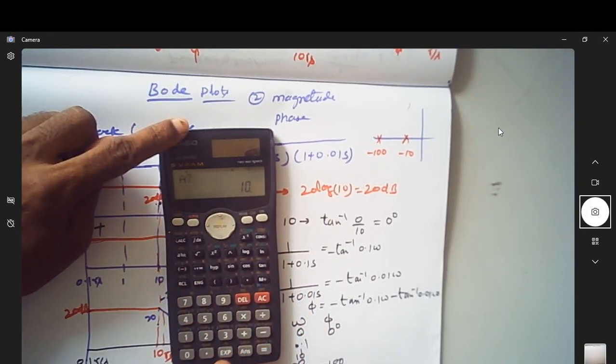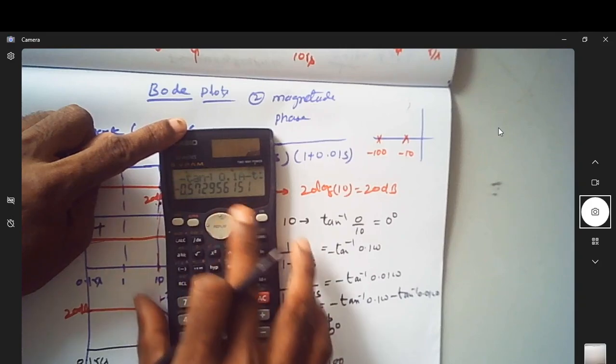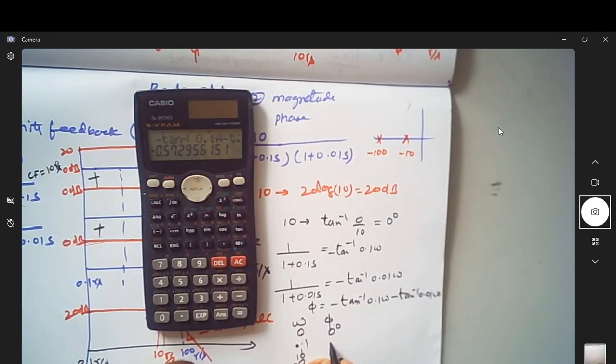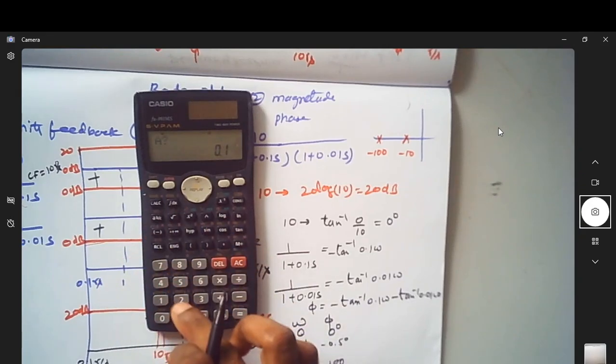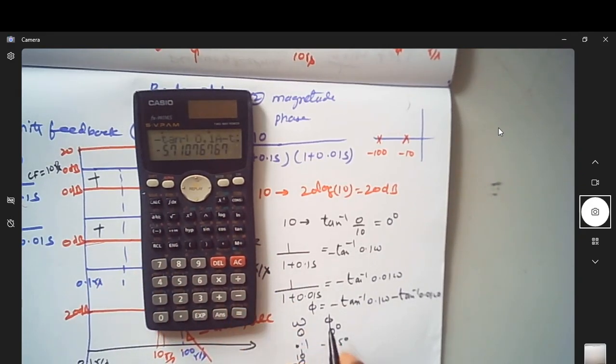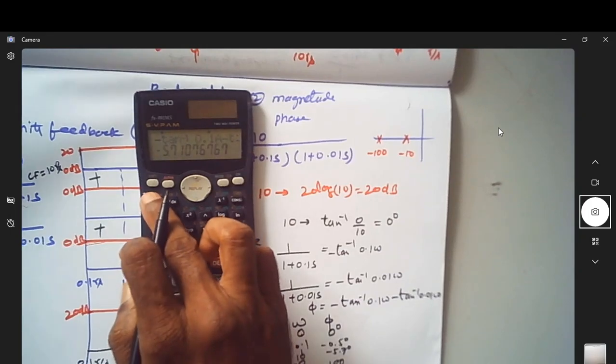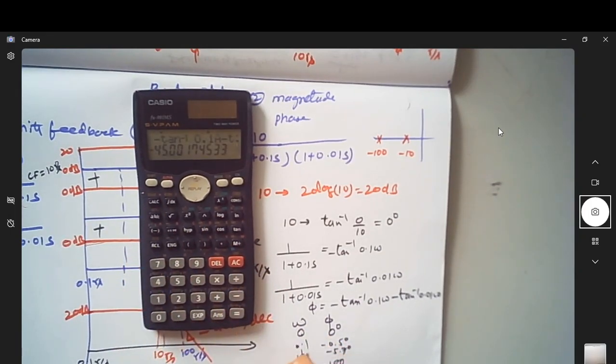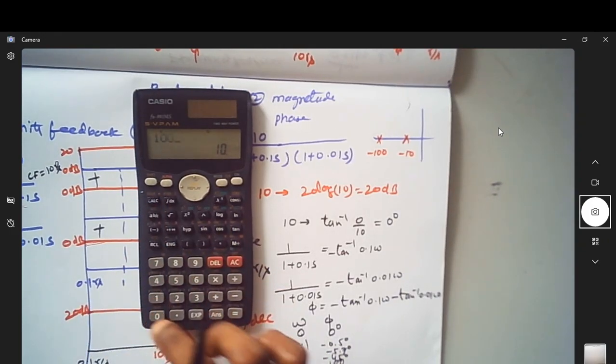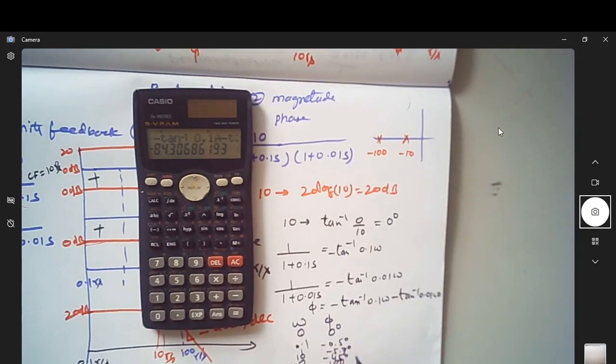Calculate for 0.1. You can see the phase is minus 0.5 degree. For an omega of 1, it is minus 5.7 degree. For a value of 10, it is minus 45 degree. Again, you can just do it for 100. So for 100, it would be minus 84 degree.